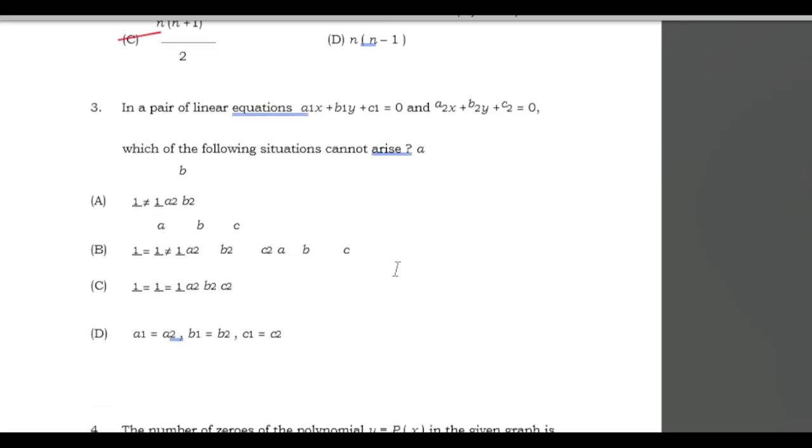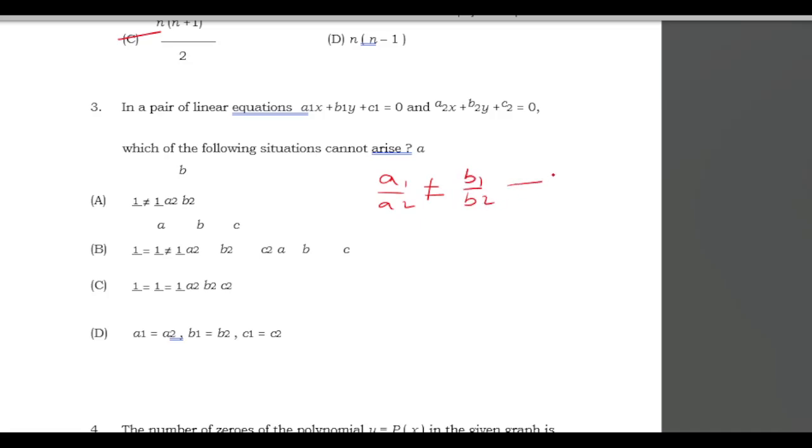The pair of linear equations a1 x plus b1 y plus c1 is equal to 0 and a2 x plus b2 y plus c2 is equal to 0. Which of the following situations cannot arise? So here three situations can arise. That is a1 by a2 is not equal to b1 by b2.